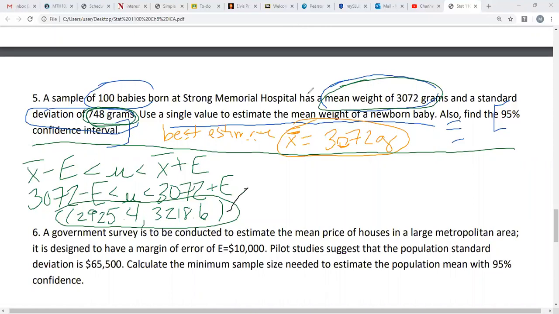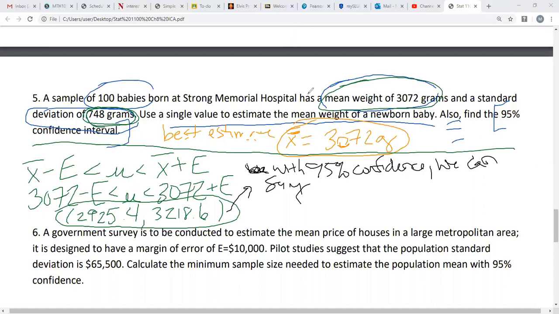So interpreting this confidence interval, we can say with 95% confidence, we can say that the true mean is what we're talking about here. We have the true mean, 95% confidence.